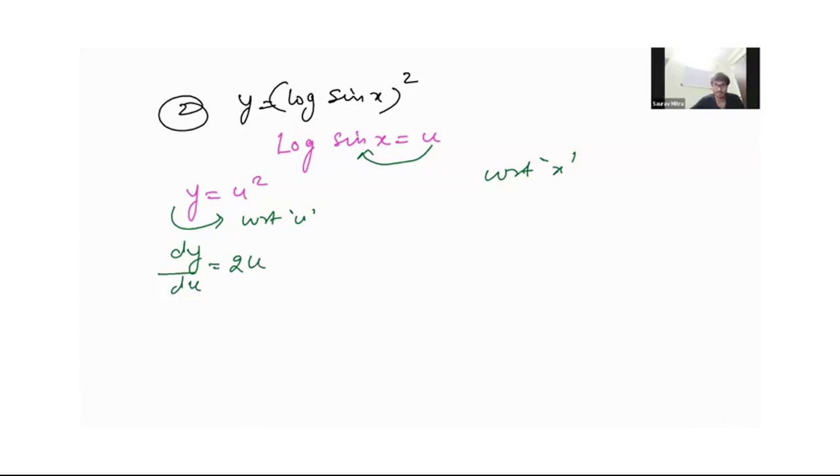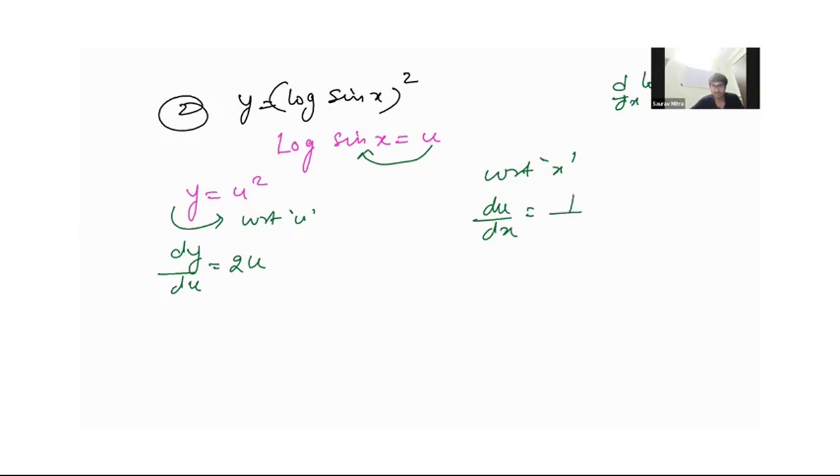Clear? Now since u is a function of x, du by dx will be written as follows. u is log of sin x, and we know the differentiation of log x is 1 upon x, so whatever is inside the log is written as a reciprocal.